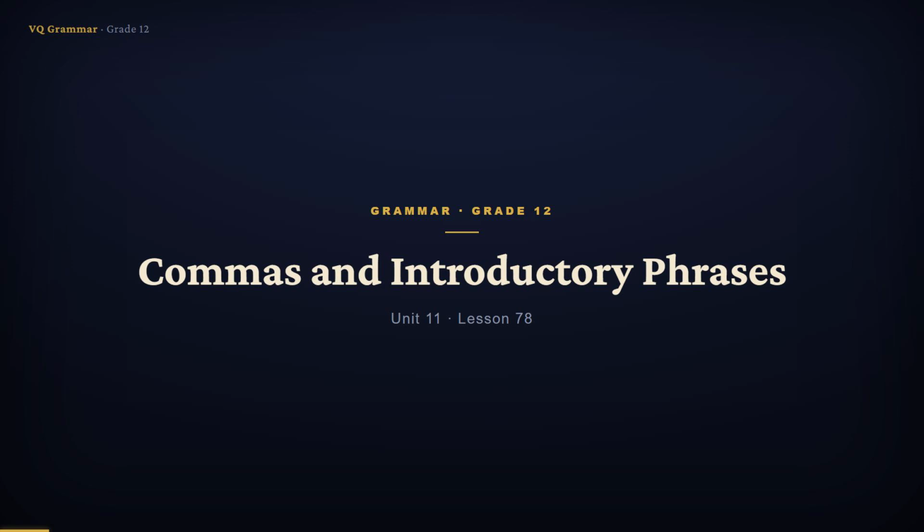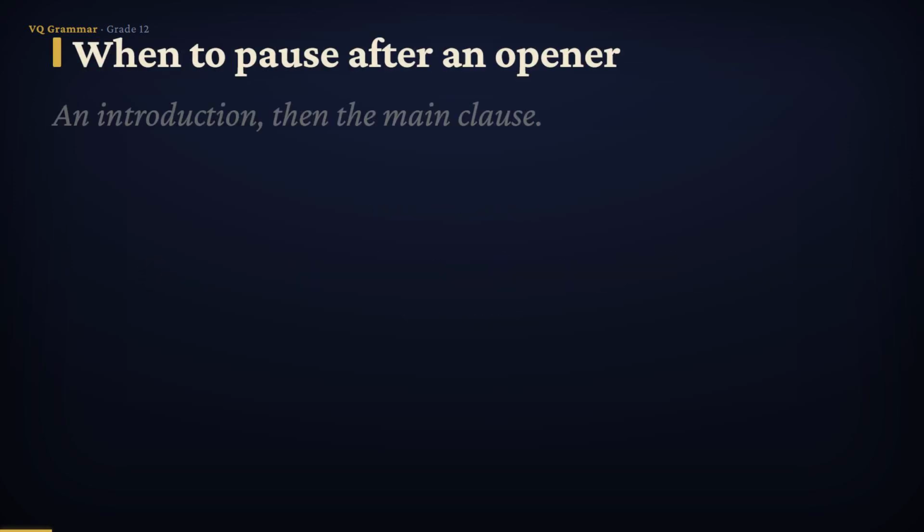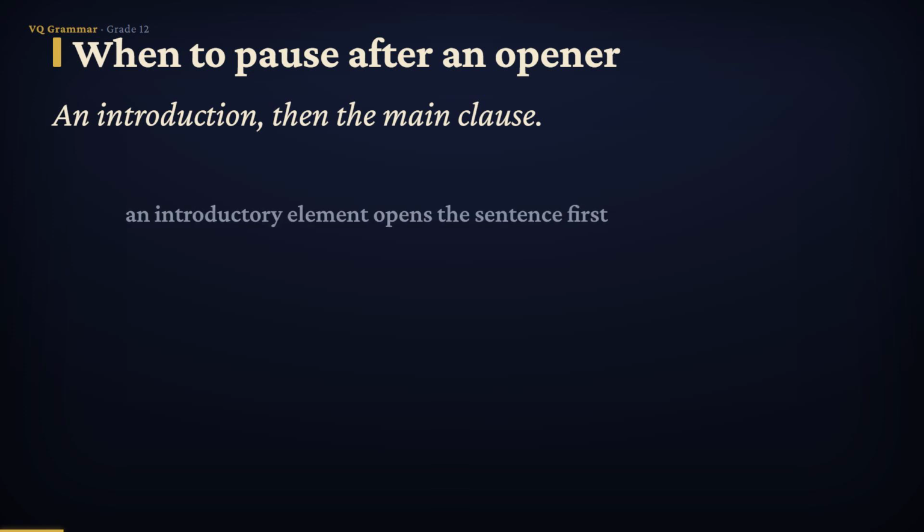Let's dig in. Before we start, here's the shape of the whole lesson. An introductory element is anything that opens a sentence before the main clause arrives. It might be a phrase, a participle, an infinitive, or even a single word.